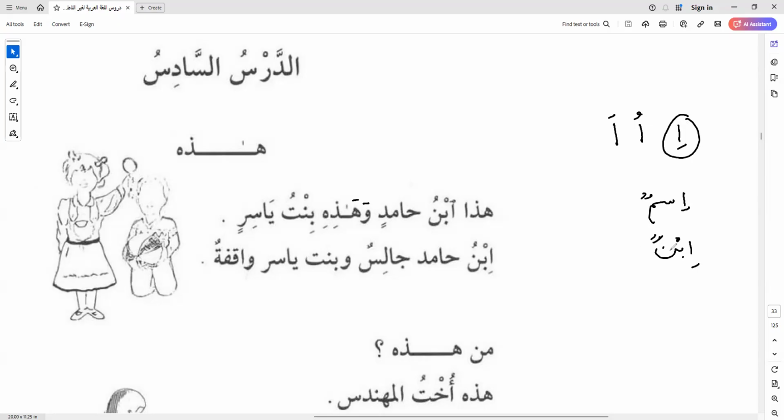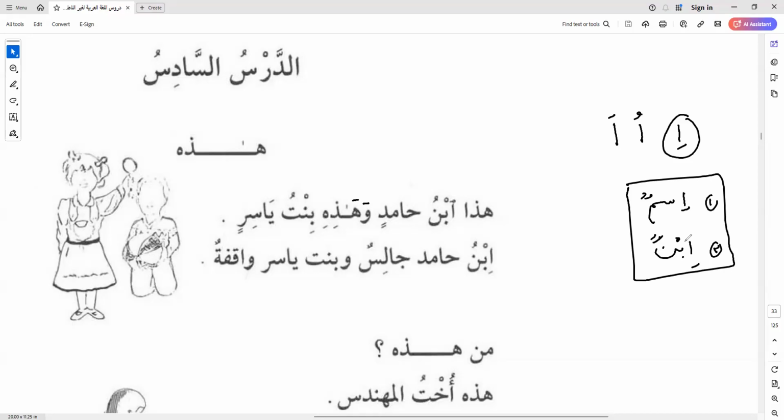So even if you don't see the vowel, the default reading is E for a word like Ibnun and Ismun. So just think about that, consider that very seriously. Ismun and Ibn start with Hamzatul Wasl in Arabic.